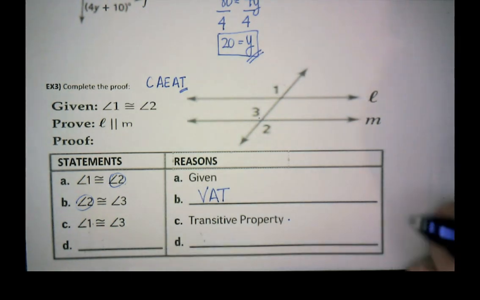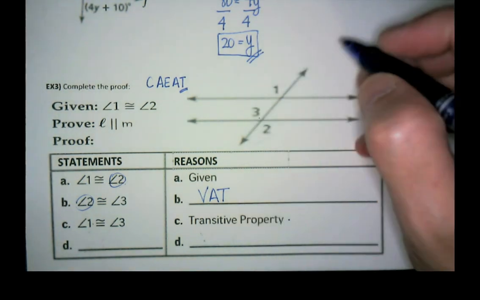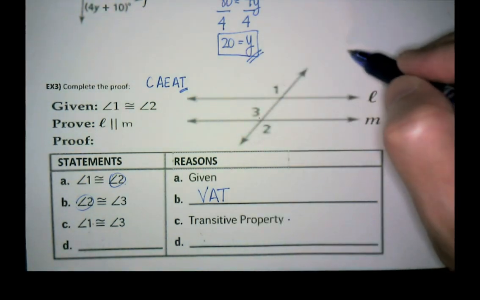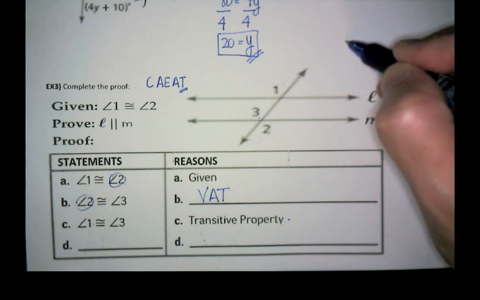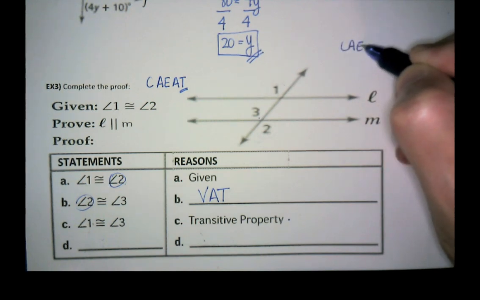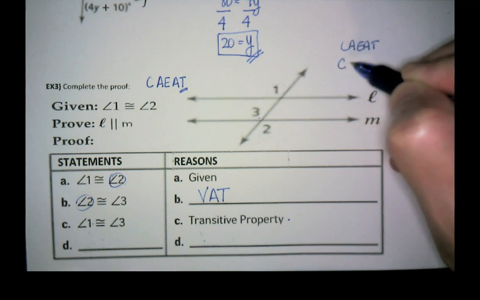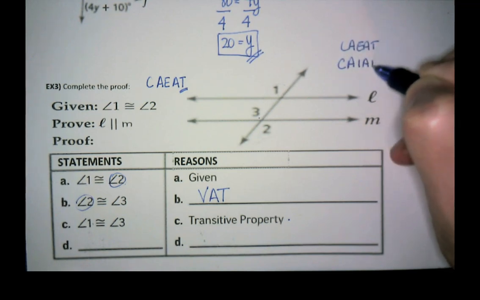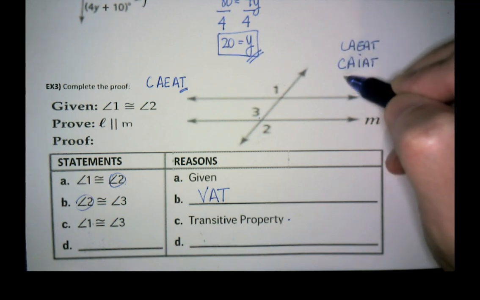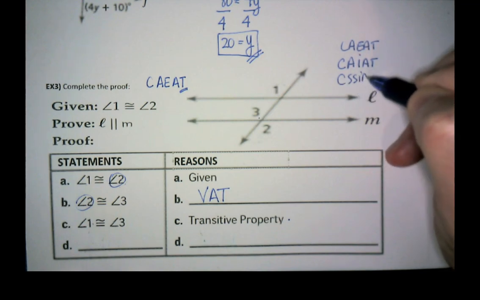Now remember, we can use a postulate. A postulate is a law in geometry that doesn't have to be proven. So of all the converse theorems and postulates, like remember we have the converse of alternate exterior angle theorem, we have converse of alternate interior angle theorem, we have the converse of same side interior angle theorem.